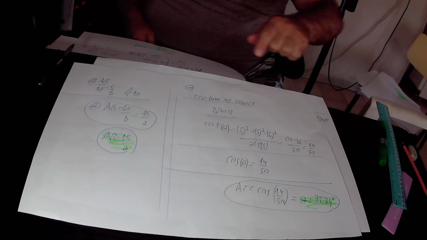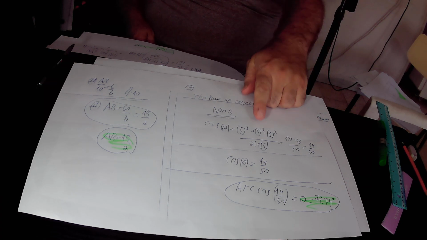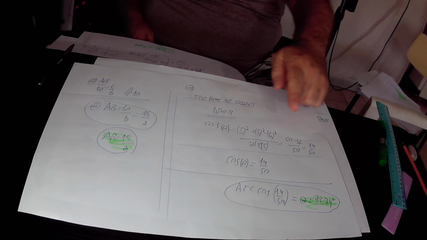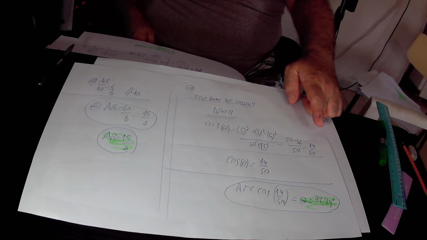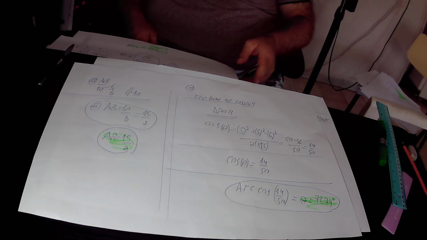So in the numerator in total we have 50 minus 36, that is 14. 2 times 5 times 5 is 50, so in the denominator we have 50. So cosine theta equals 14 over 50.